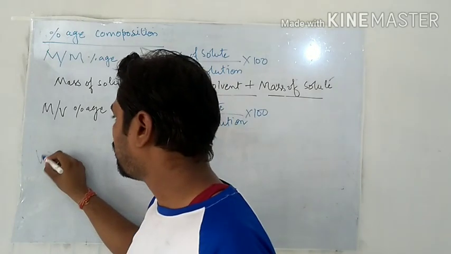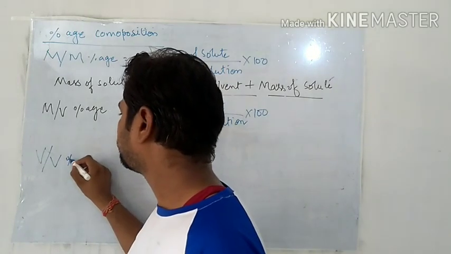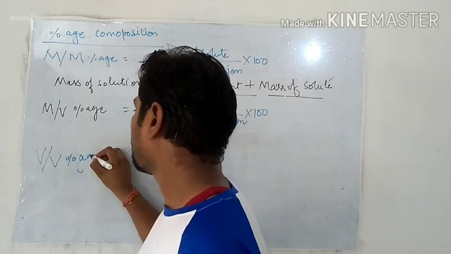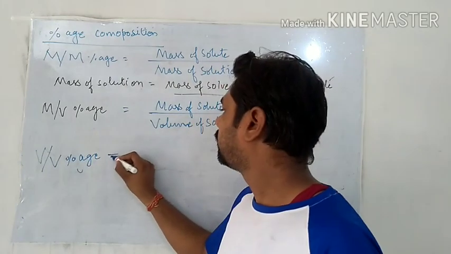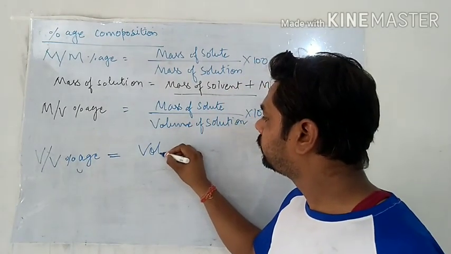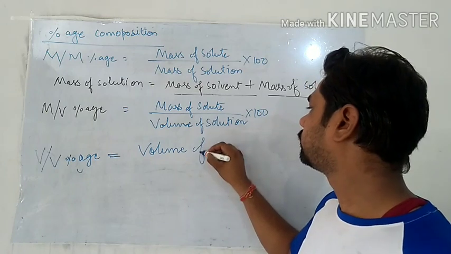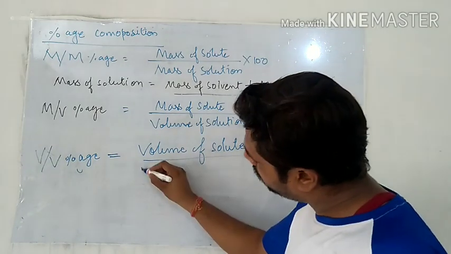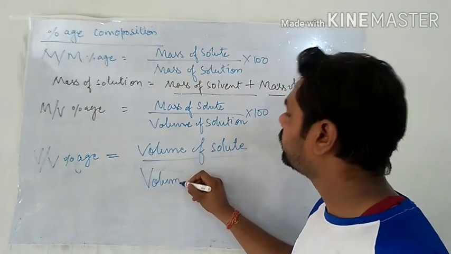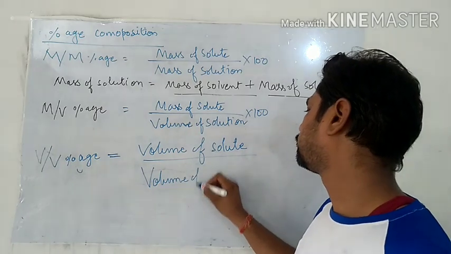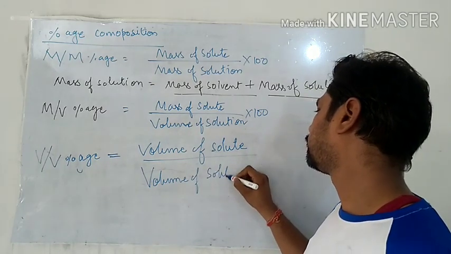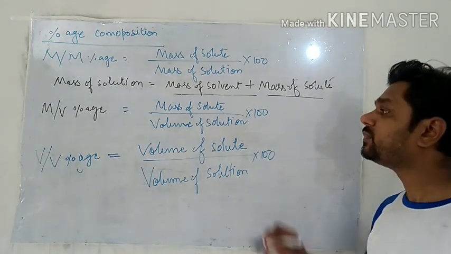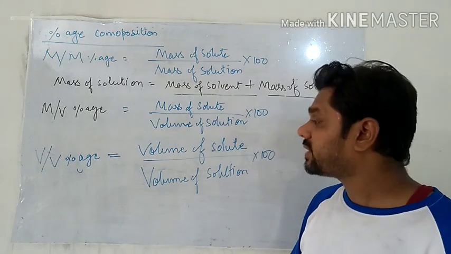And the third one is volume by volume percentage. That is volume of solute over volume of solution, multiplied by 100. Okay. So in this case we have come to know about the percentage composition.